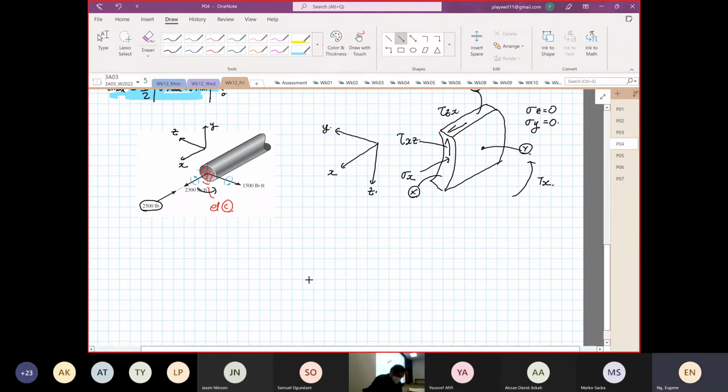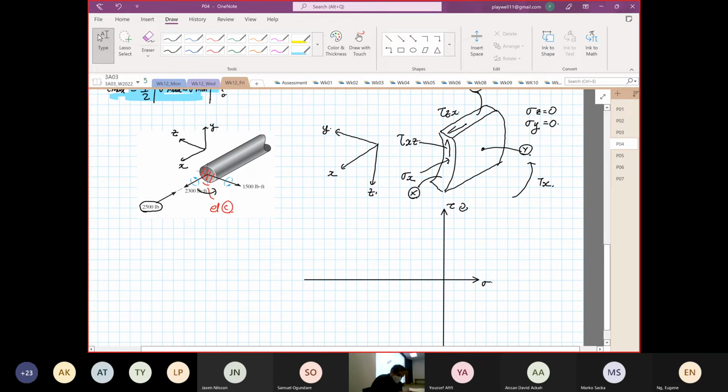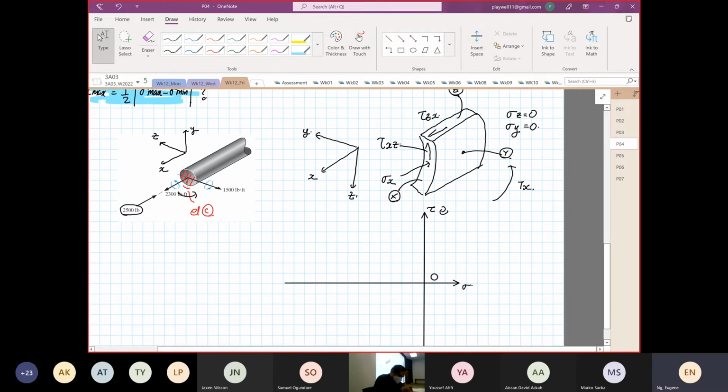So normal stress, shear stress, clockwise, anti-clockwise. Okay. So we know that over here, our line, this is our stress Y and stress Z line.